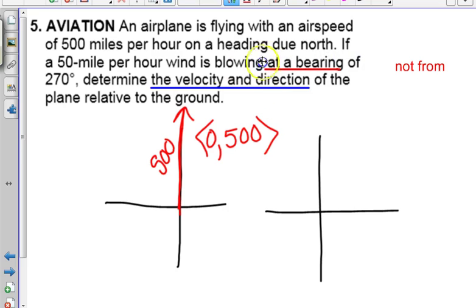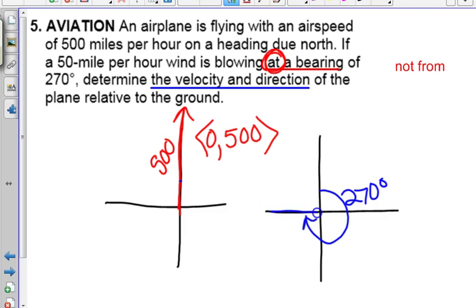All right. If a 50-mile-an-hour wind is blowing at, okay, this means it's pushing it in this direction. It's not doing the opposite thing, okay? At a bearing of 270. So a bearing of, oh, you don't want me to draw on that one. You want me to draw this one. Bearing of 270, okay, is this line over here, right?